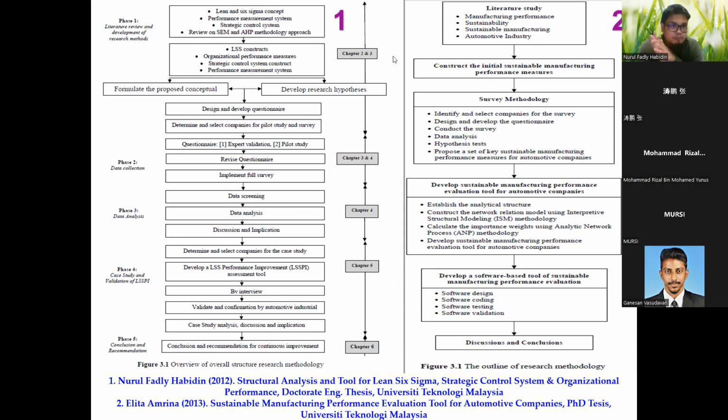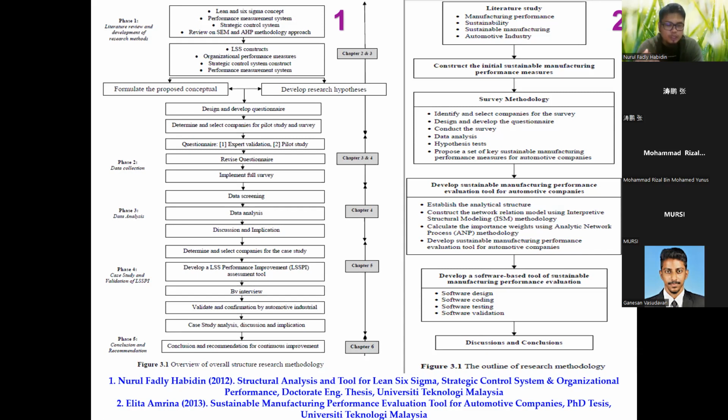In phase 1, we actually cover the literature review, development, and research methods. Okay, in this part, the literature review and the development of research method cover Lean and Six Sigma concepts, performance measurement systems, strategic control system, review on the structure acquisition model, and AHP methodological approach.